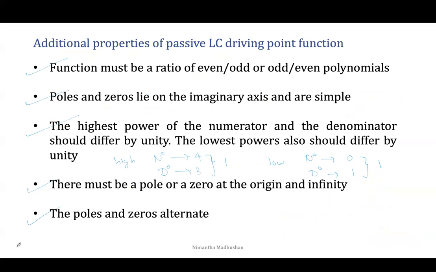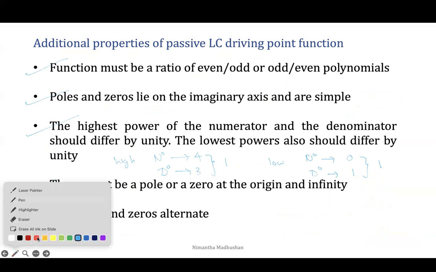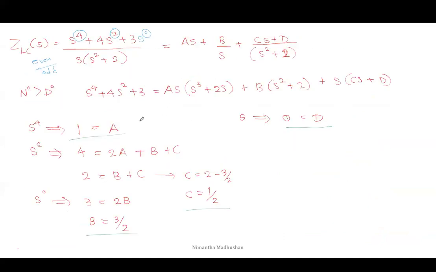Then we can apply the first form and second form. In the first form, we are applying the partial fraction expansion for the impedance function. Then we did the partial fraction expansion. Then I can write the value of A is 1.